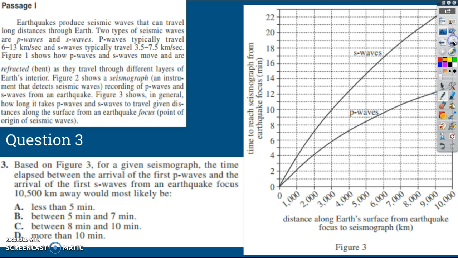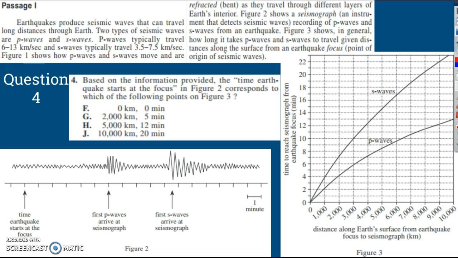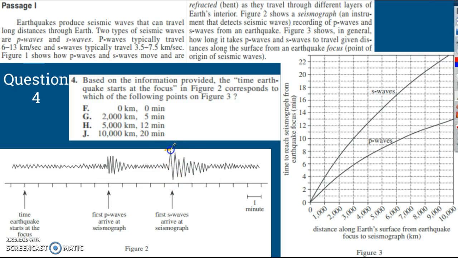Okay, let's look at our next question. We're looking at a different figure now, figure 2, which has our time in the earthquake focuses, and then the P waves arriving at a seismograph, and then S waves. We're looking at which one of these is a little bit bigger. We've got minutes, and it looks like the S wave is a lot bigger than the P wave. We've got our time versus our distance.